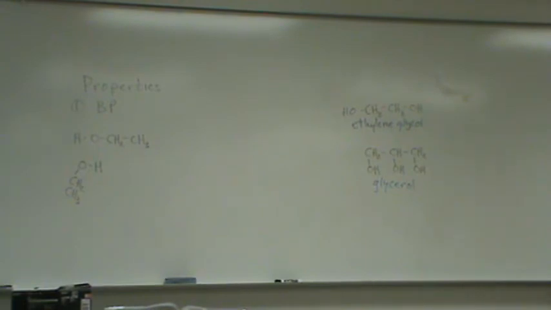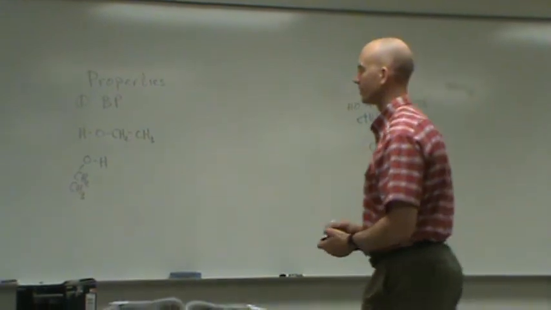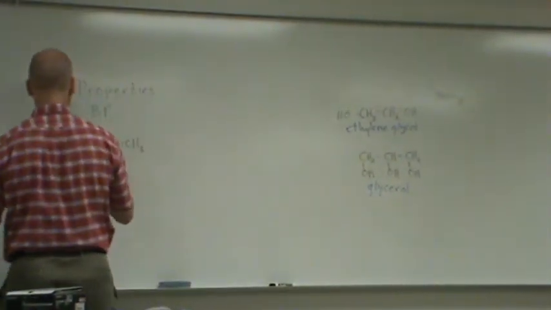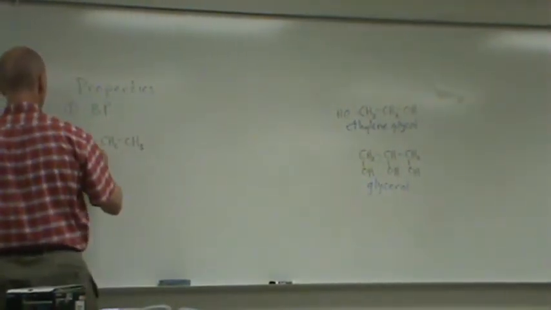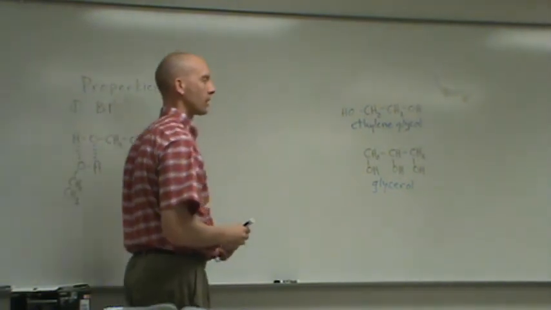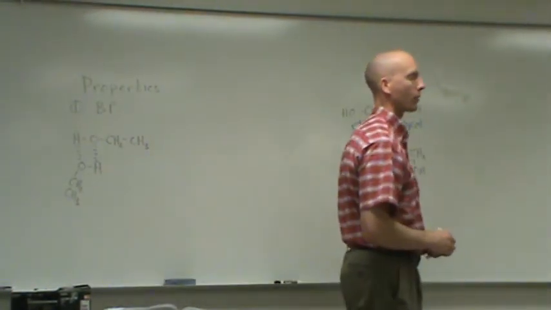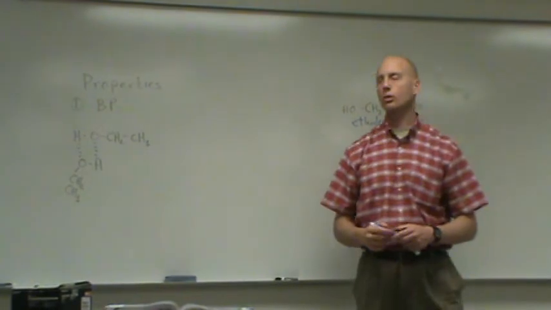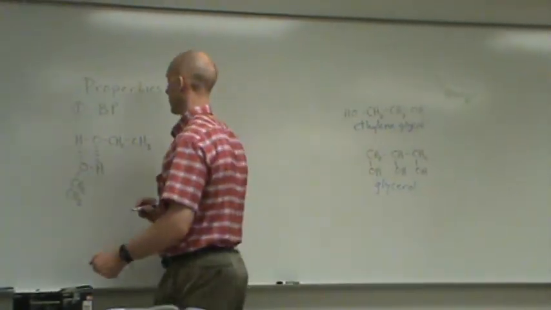What kind of special property do you think the alcohol has? It can do what? What's that? They can hydrogen bond. Okay, so that's the big property of alcohols, if you want to remember, is that they can hydrogen bond.